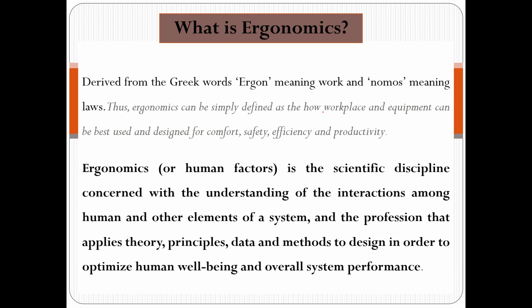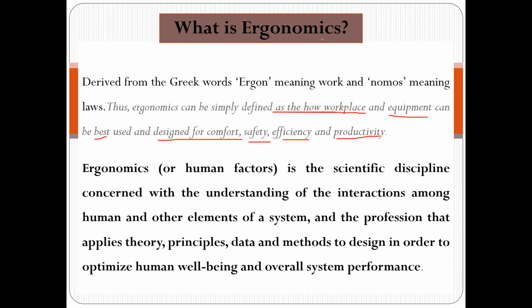The human being will be interacting with the workplace and the equipment, so it is about how best they can be used, and they should be designed for comfort, safety, efficiency, and productivity. So the worker should be able to work comfortably and safely with the equipment, and at the same time the work should be productive, with an efficient way of working.